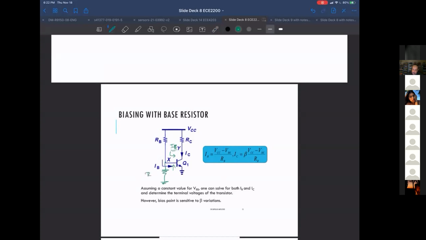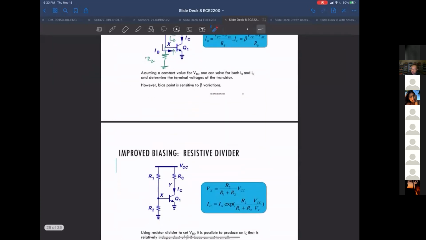Let's call this R2. If the current going through RB and R2 is significantly bigger than this current I sub B, we can ignore I sub B and set this up as a voltage divider and have a steady voltage. Let me show you what I mean by that.